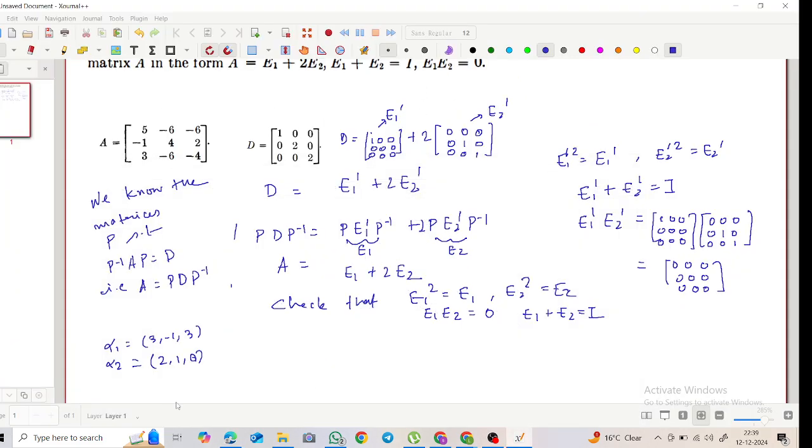And alpha 3 is what? So you can obtain P by this, na? We obtain P from this. So this is how we do it.